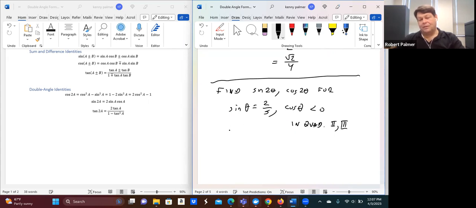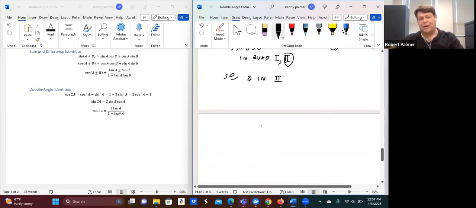Then sine of theta is greater than 0 in this case in quadrants 1 and 2. Okay, so which one do they have in common? Well, obviously it's quadrant 2, so we can say angle theta is in quadrant 2.